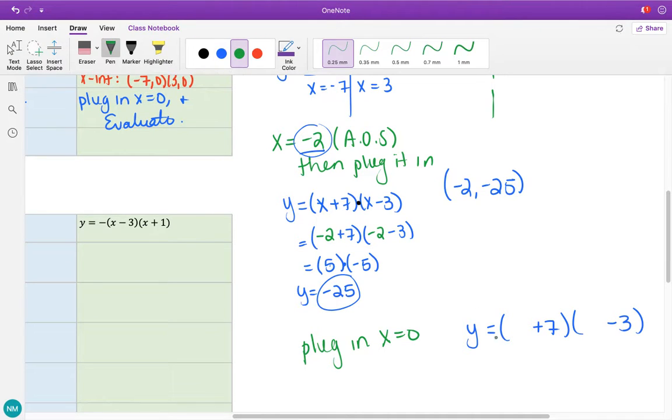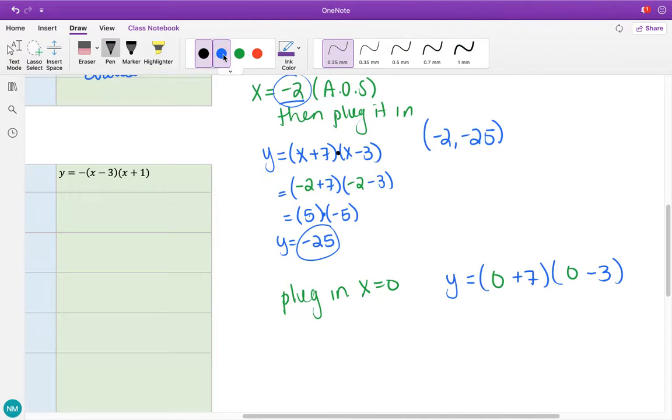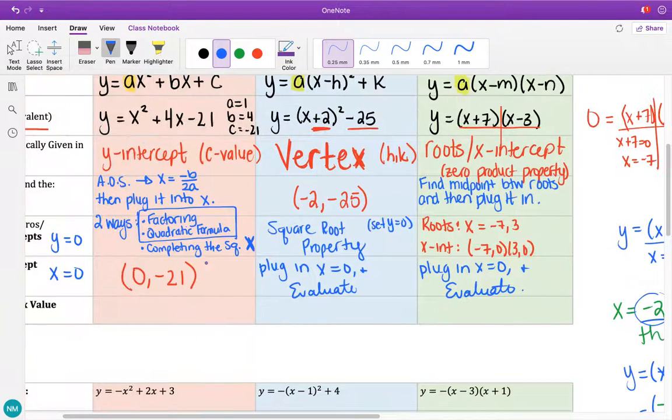So if I plug in 0, I get 0 plus 7 is 7, 0 minus 3 is negative 3. So I get y equals 7 times negative 3, which is negative 21. So I should get the same thing here, negative 21.